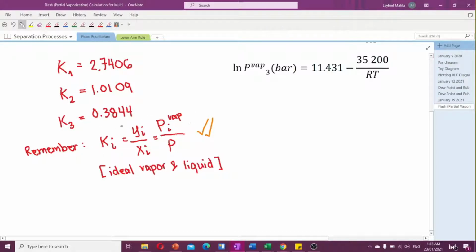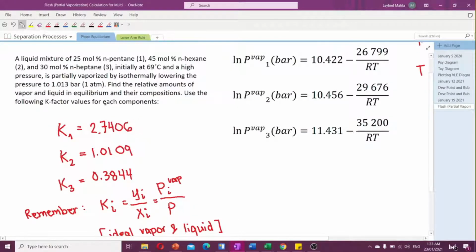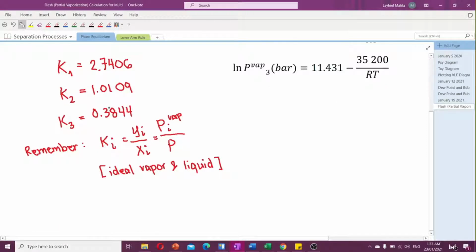We are going to use this later when we establish the equations. Take note that this is multi-component, so we are going to establish a lot of algebraic equations, and we are going to solve them simultaneously using Excel. We are going to try our best to get the correct answer for this one.